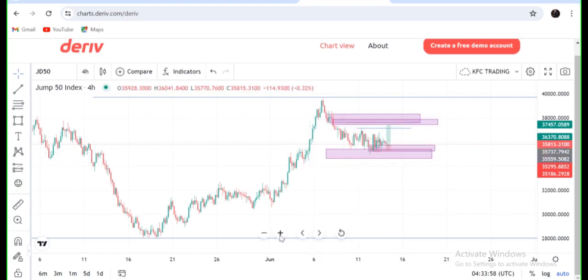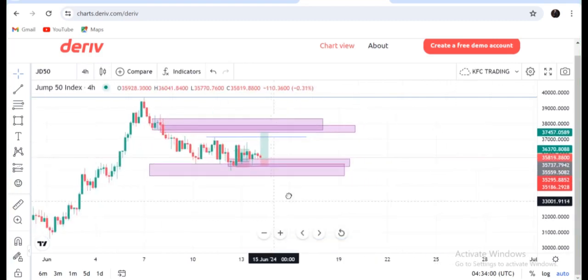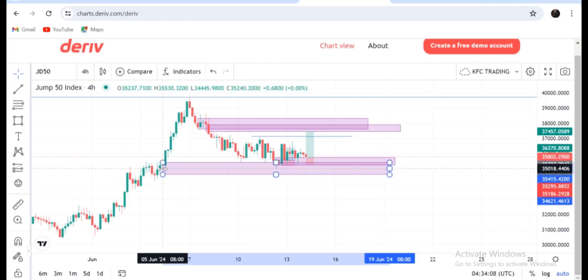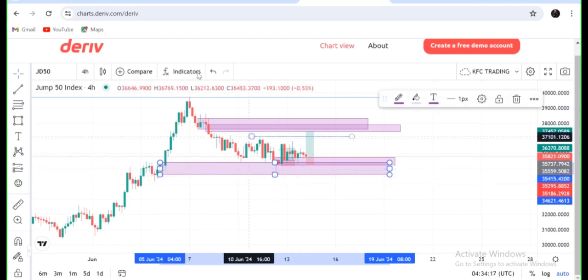So how do I do that? I looked at the basic thing that played out here. I spotted the fair value gap. No, sorry, I spotted the block that gave this particular move first.